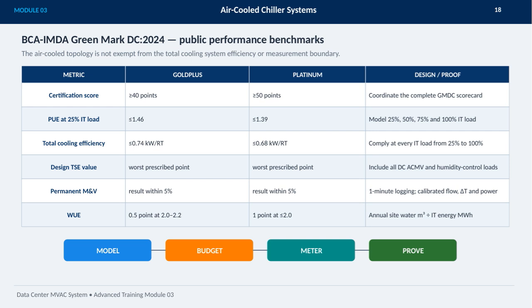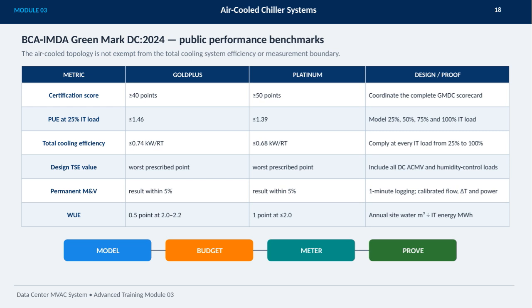The design also requires permanent monitoring and verification with highly accurate data logging, keeping result variances within 5%. Additionally, the water usage effectiveness, or WUE, plays a role, awarding points based on annual site water use relative to IT energy consumption. This comprehensive approach ensures that air-cooled chiller systems are rigorously evaluated for energy and water efficiency throughout their operating range.